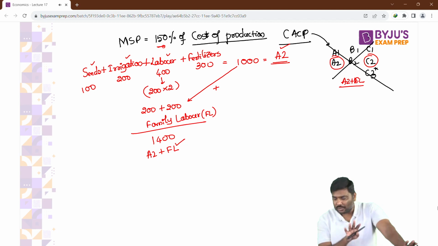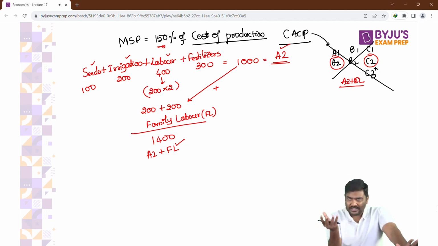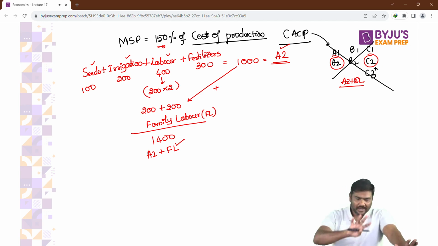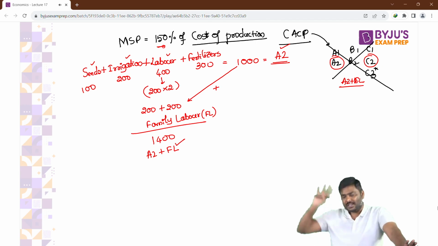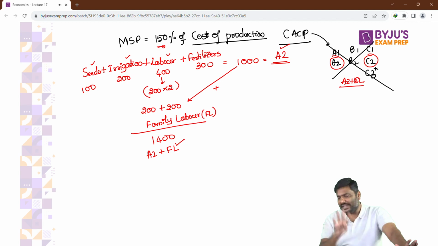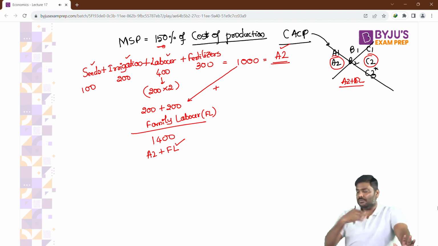Which means, according to this example, if I cultivate this crop and give it to the government, then the government will give me 2100 rupee. All of you are okay with this? If I cultivate this crop, for which MSP is 1400, assuming MSP policy covers this crop, I'll get 2100 from the government. All of you are okay?